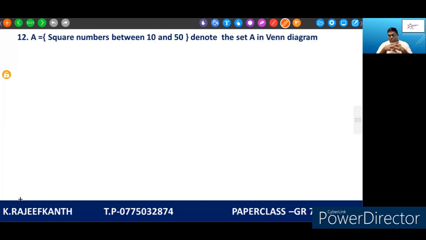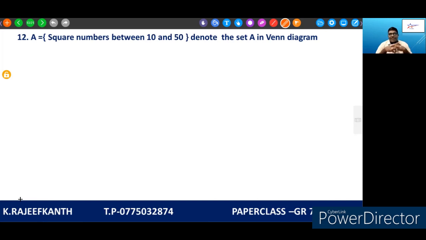Then question number 12. A equals square numbers between 10 and 50. You all know what is a square number. Denote the set A in a Venn diagram. So you have to illustrate, or denote the elements of this set in a closed figure. That is called a Venn diagram, right? So first you have to write down the elements of this set.